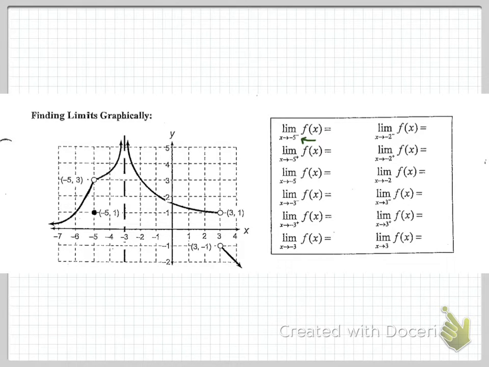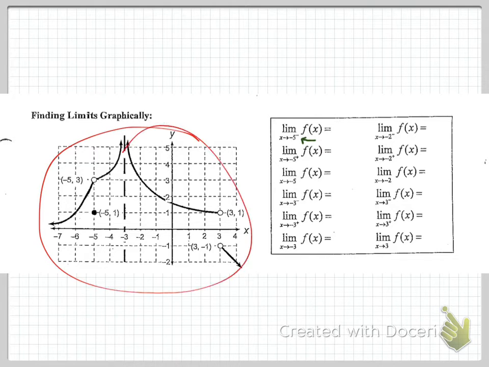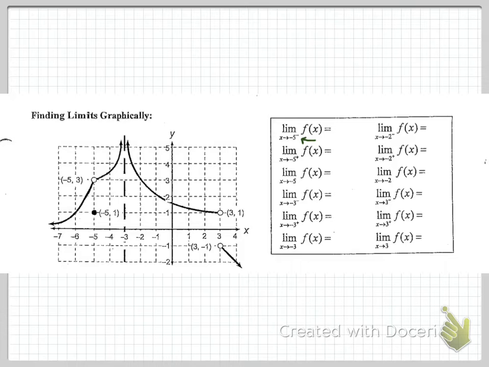First of all, in this first one, I want you to see here the limit as x approaches -5 from the negative side, or from the left. What we're going to do is look at this graph and determine the limit purely from the graph. Now remember, the limit is the y value as the x value approaches something. So when I say a number that's the value of the limit, I'm looking at the y value, or the y-axis of that point.